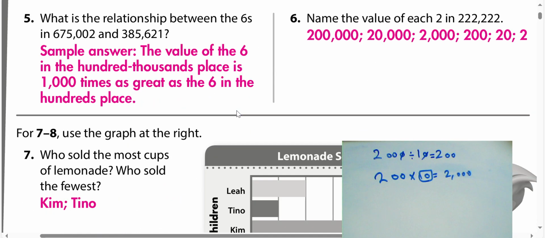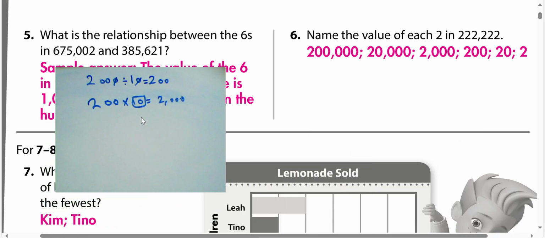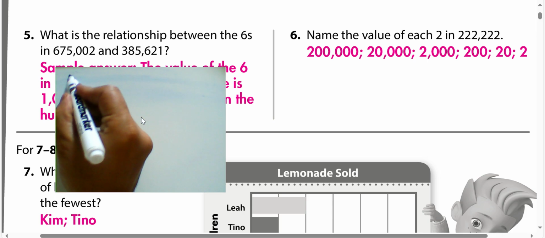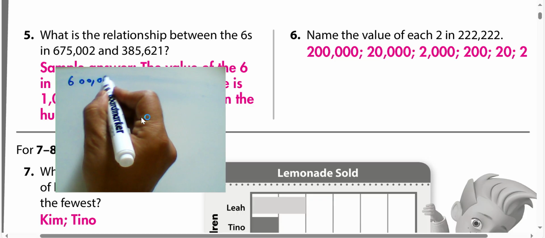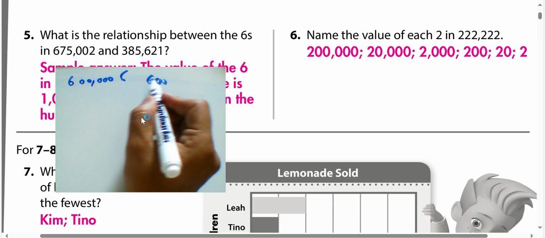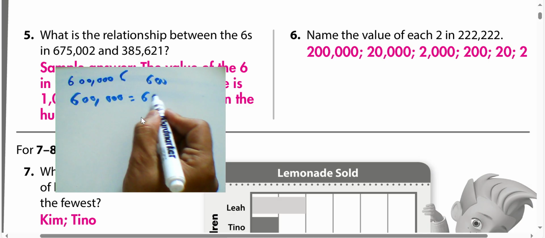Next question, number 5. What is the relation between the sixes in the two numbers? Okay, we can find the value of the digit 6 on the left-hand side. It will be 600,000. The value of the digit 6 here lies in the hundreds place. So the value of the digit here, 600,000 equals 600 multiplied by what?